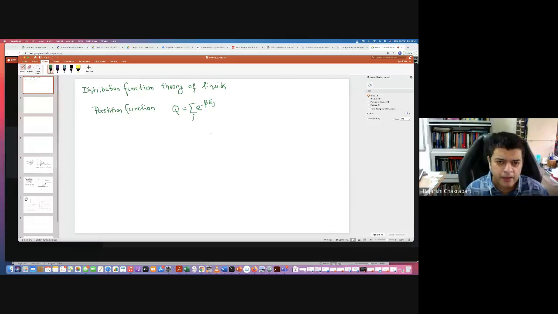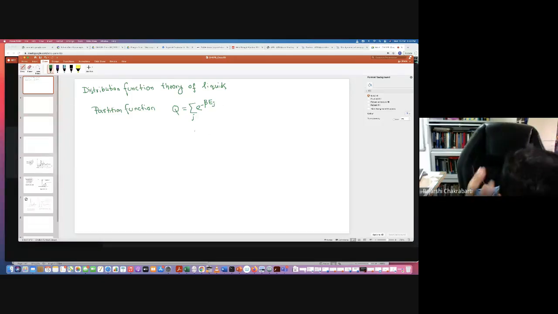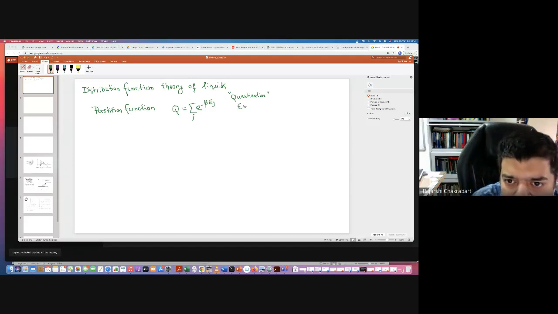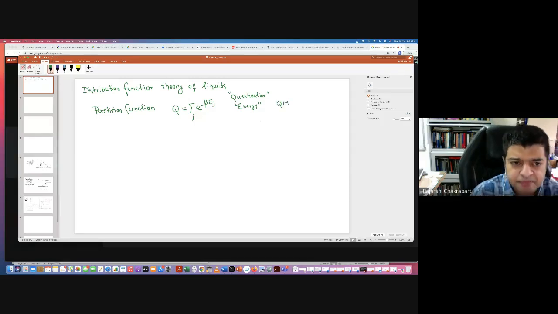Whenever I have a sum over states, it essentially tells you that we are dealing with a quantum system, isn't it? Some quantization is underlying. Energy is quantized. Basically, you are using something like quantum mechanics whenever you have a sum.